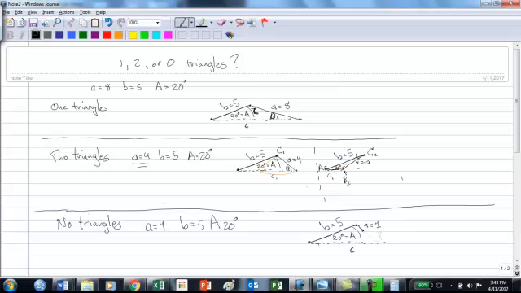And here, I'll do this one with the law of sines, and you'll see that there are 0 triangles. The law of sines will show it.